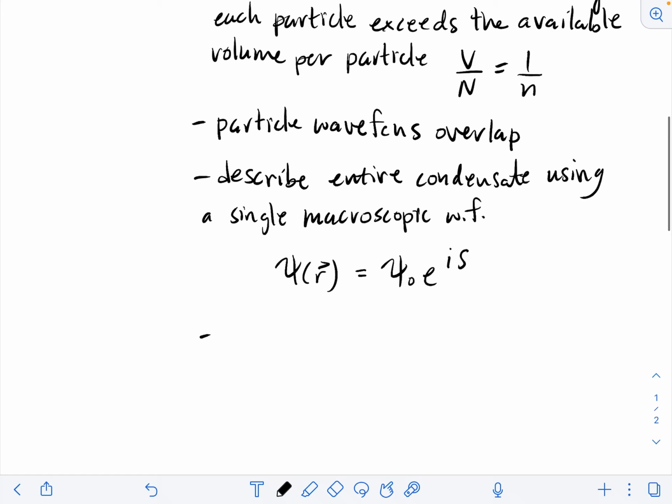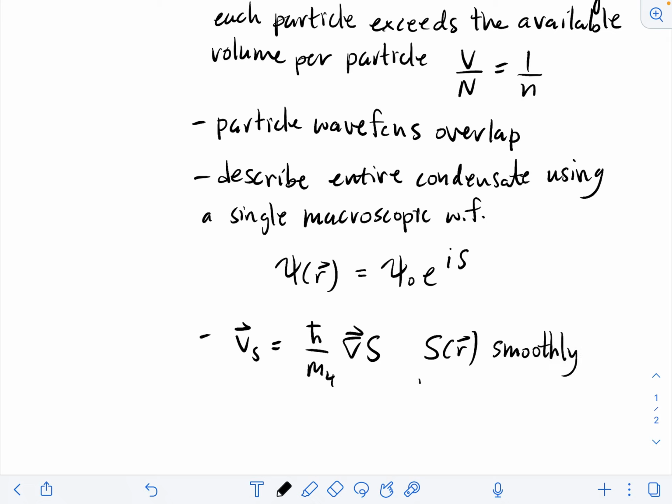One thing that we found is that if we do have superfluidity, then the velocity of the superfluid is given by the gradient of the phase of this wave function. And so this phase is a smoothly varying function of position.